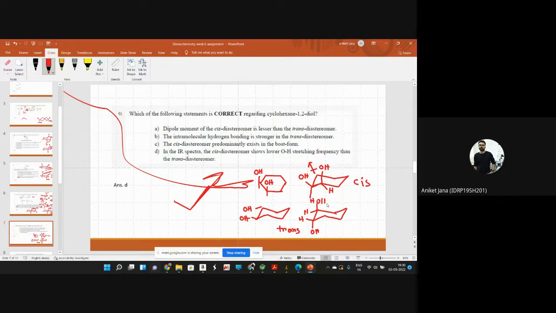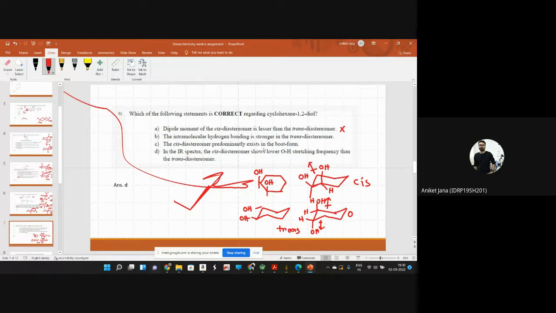But in case of the trans isomer, one will act in this position and the other in this position, so the net resultant dipole moment will be 0. So the cis isomer has the more dipole moment, but option A says the dipole moment of the cis isomer is lesser than the trans isomer, so it is not correct, right?